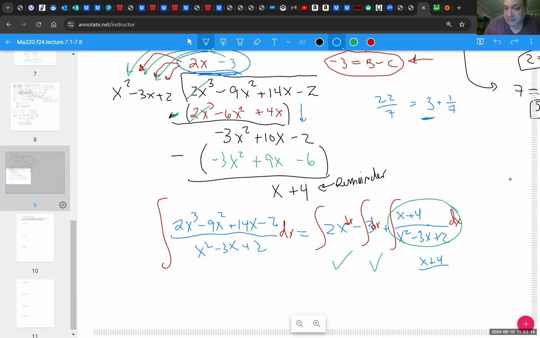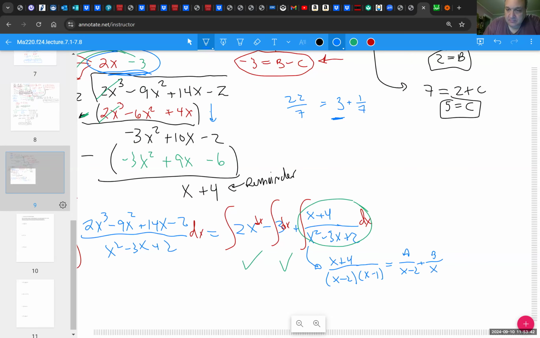x squared minus 3x plus 2 factors to x minus 2 times x minus 1. So that is the factored form of this guy right here. And we're just going to decompose this into something over the first factor plus something else over the second factor. At this point, this is exactly like all the other problems that I did previously, where you get the same denominator.